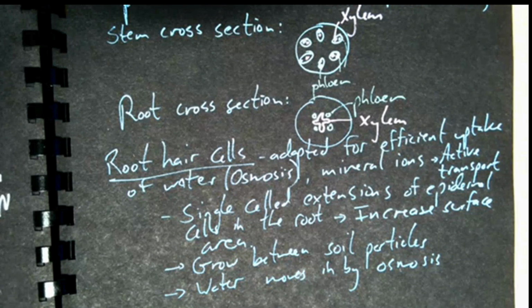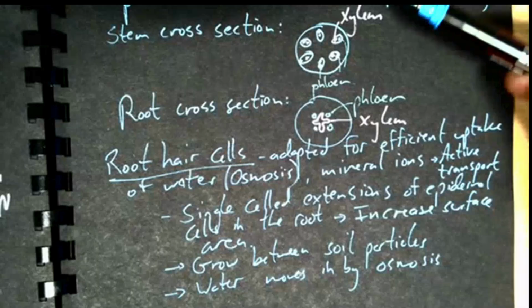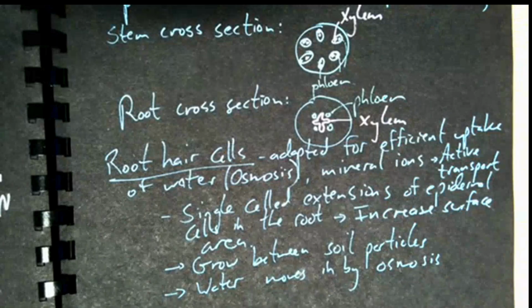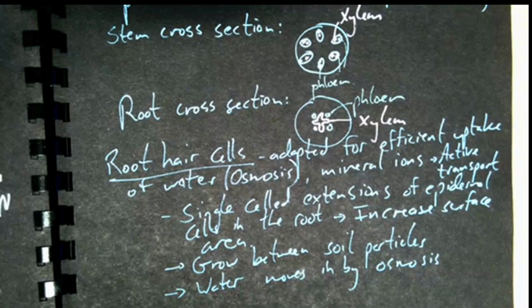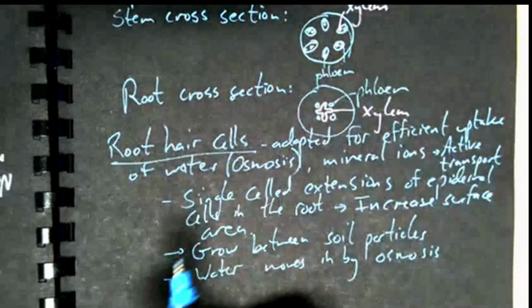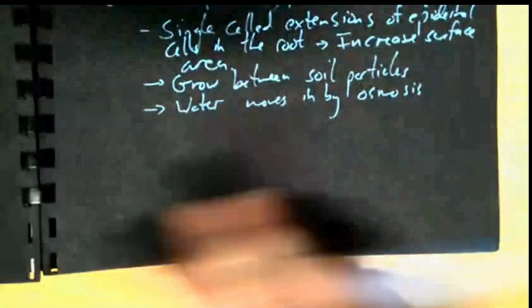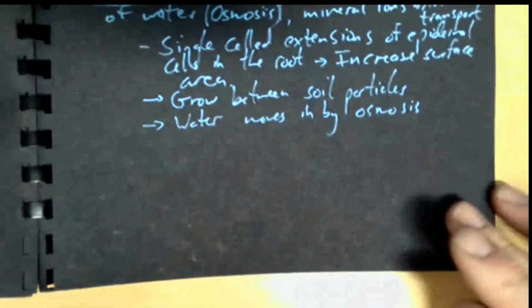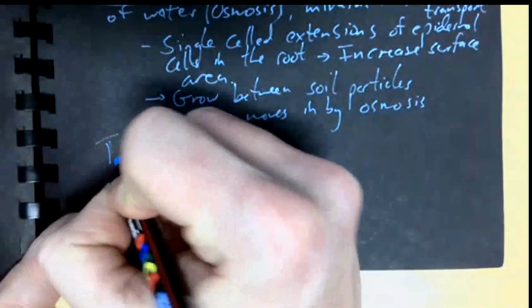Now, that water movement in is part of quite an important process in the plant that we need to know quite a bit about. So we've got the root hair cells, they're doing osmosis, and they're doing active transport. And they are the first part of the process of transpiration.